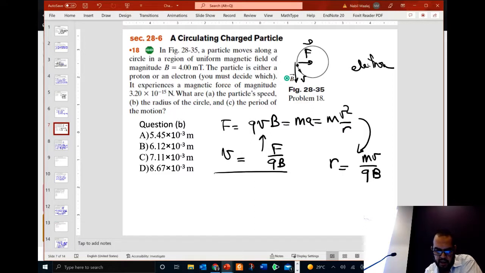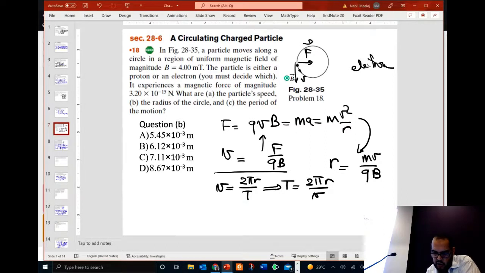What is the period of motion? For the period, I always remember that the velocity is the circumference, 2πR, divided by the period T. So T is 2πR divided by v. Since I have R and v, I can solve for it.